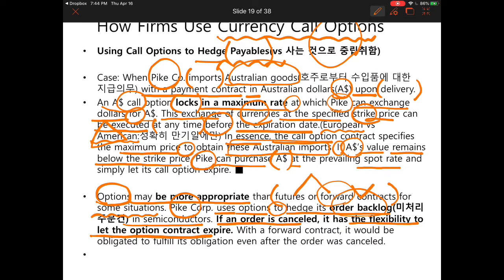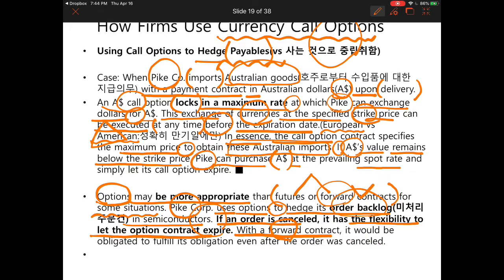With forward and futures, the liability is the same. Here I explain assuming futures. The distinction between these two is the trading place, whether it is OTC or exchange. That's a key difference.